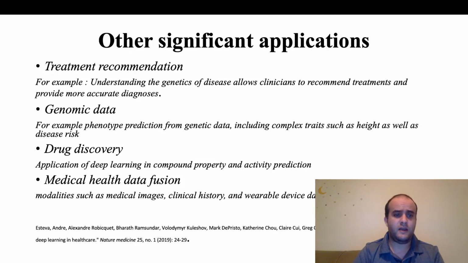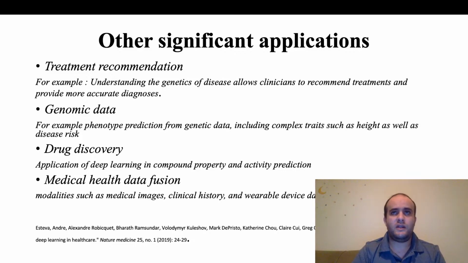And genomic data, for example, phenotype prediction from genetic data, including complex traits such as height as well as disease risk. From genomic data, if your father has, for example, a kind of disease related to cancer, or if your genome has some indication of such a disease risk, you have a risk factor for some disease.